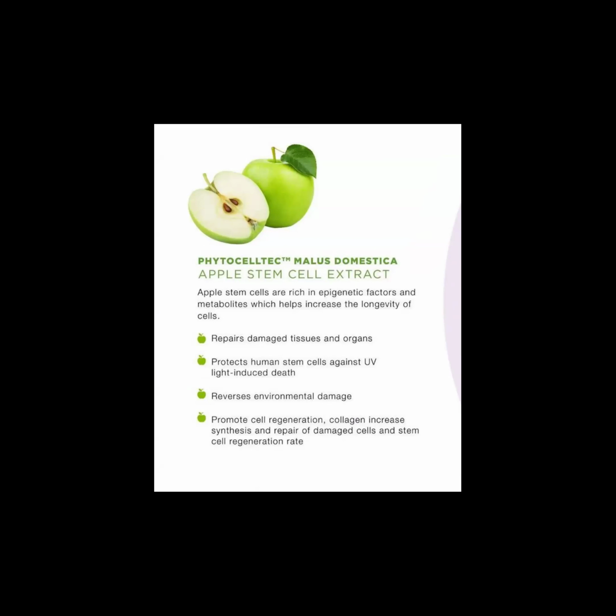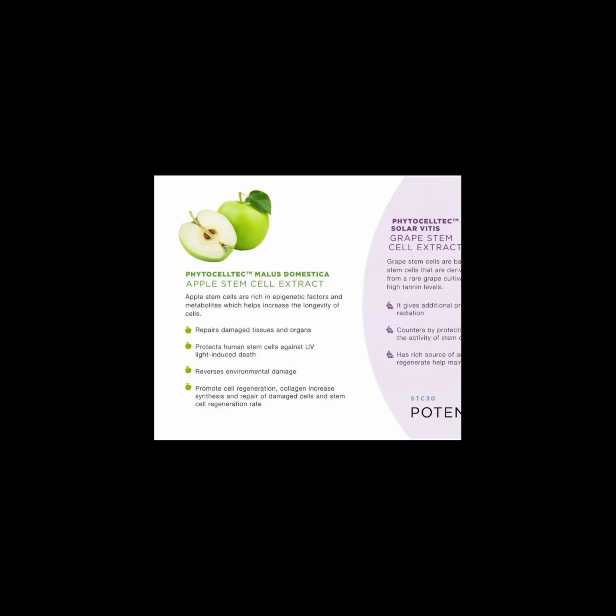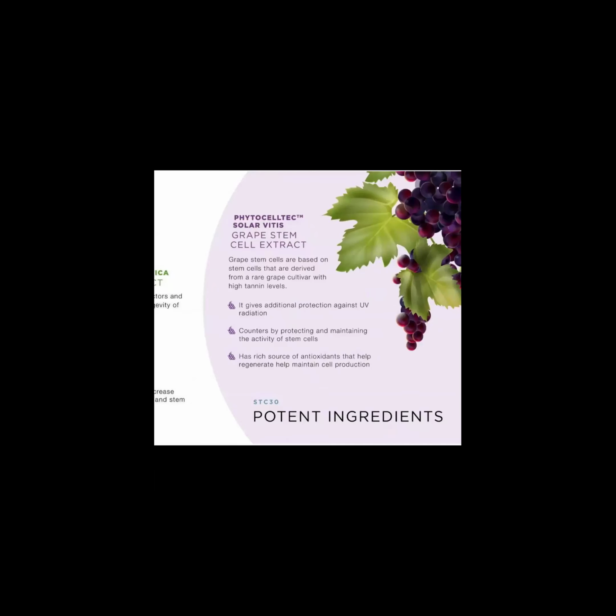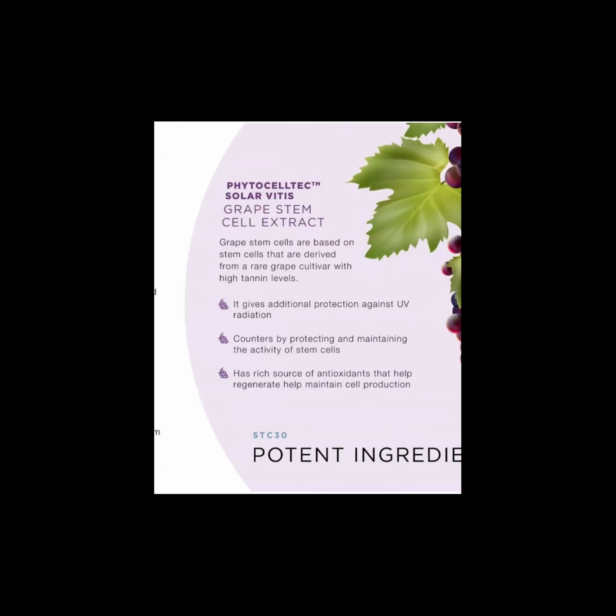It can protect your human stem cells against UV or light-induced damage. It can reverse environmental damage. If the problem is due to environmental factors, it can also reverse it, and also promote cell regeneration, collagen synthesis, repair of damaged cells, and stem cell regeneration rate. That's it. We have the Solar Vitis as well, which is a very powerful antioxidant.